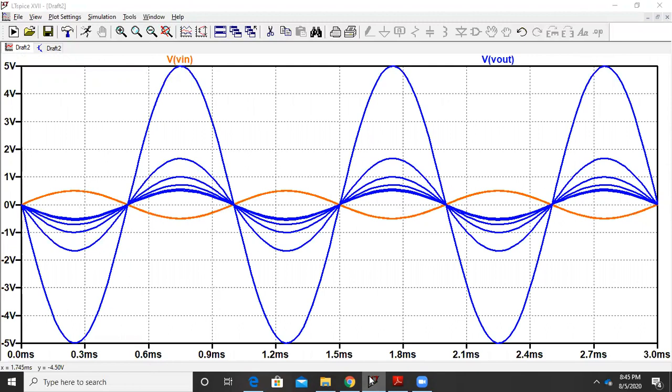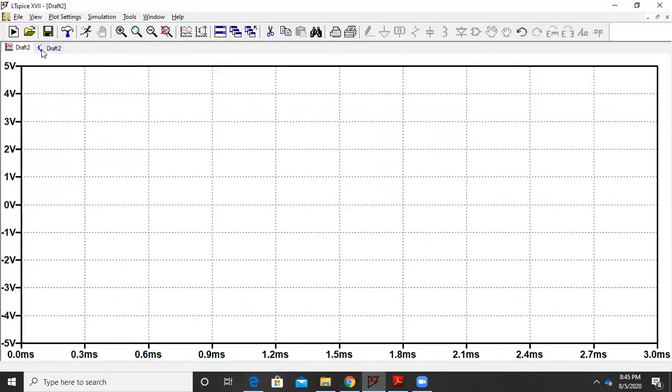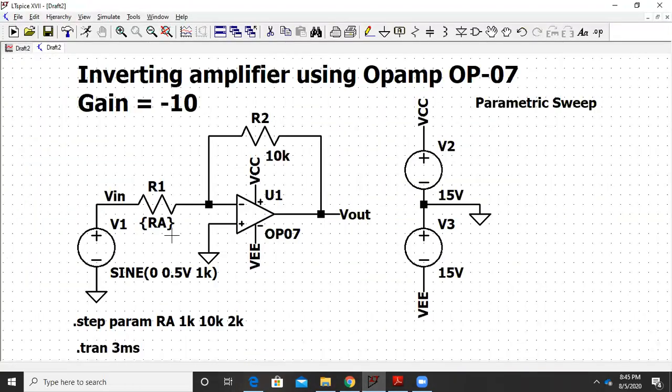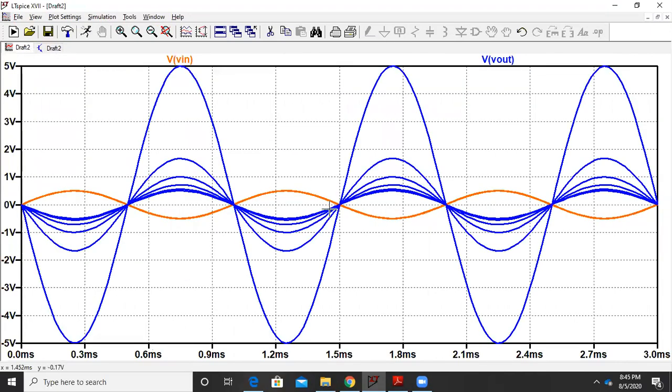But since we have varied the parameter, as shown here, the value of R1 keeps on changing. R2 will be fixed, so the gain formula will be R2 upon R1. As R1 keeps on changing, you will get different values of output gain. You can clearly see that it is most evident over here.